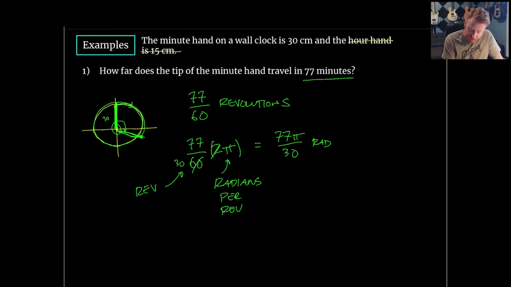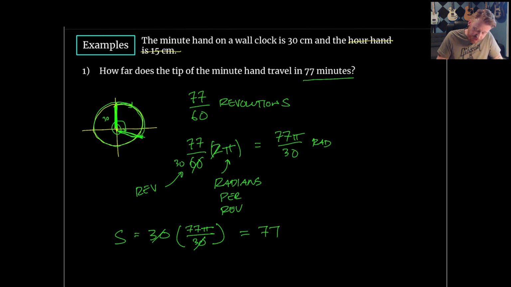And now I think we should be able to figure it out. We know that the distance it has traveled should be the length of the radius, which in this case is 30 centimeters, multiplied by its angle measure in radians, which is 77 pi over 30. Well, how about that? The 30 and the 30 cancel out, almost like I designed it that way.